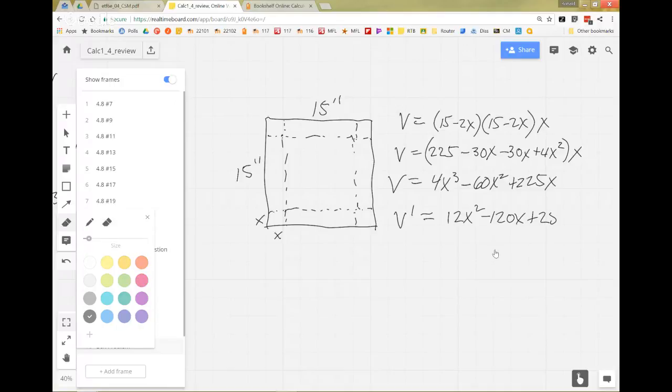Can't write what I speak. So 12x squared minus 120x plus 225. And now, of course, the whole concept is to set that derivative equal to 0.